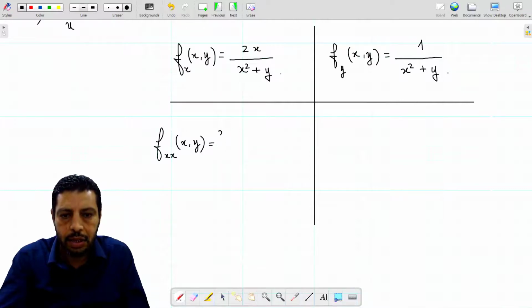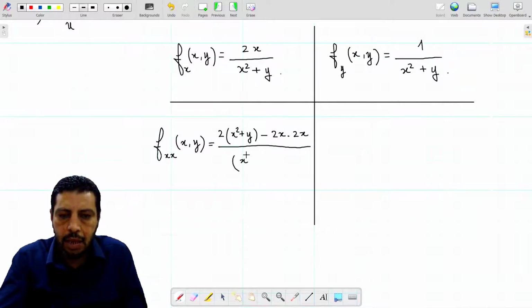Here, it's 2 times x squared plus y. This is the first part of the quotient rule, minus the derivative of x squared plus y with respect to x, which is 2x, times the numerator, which is 2x, over x squared plus y squared.